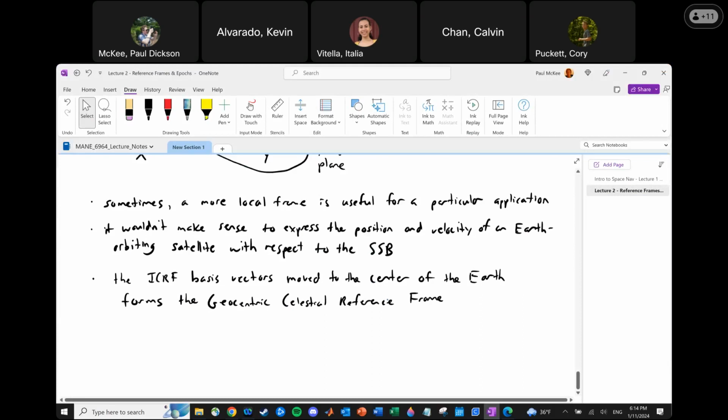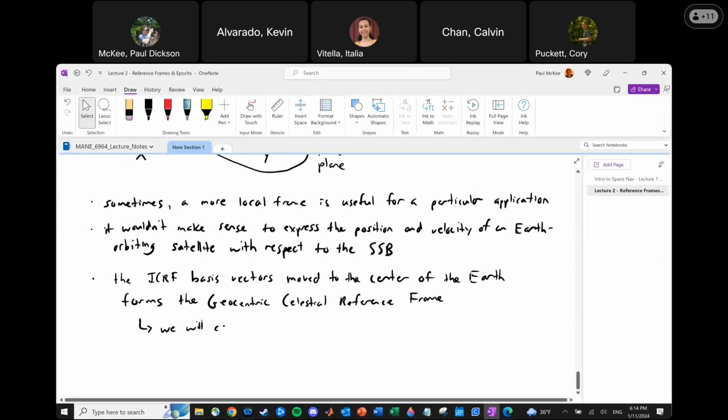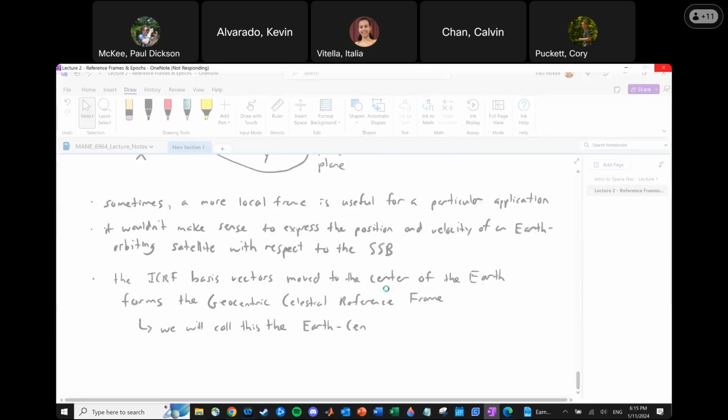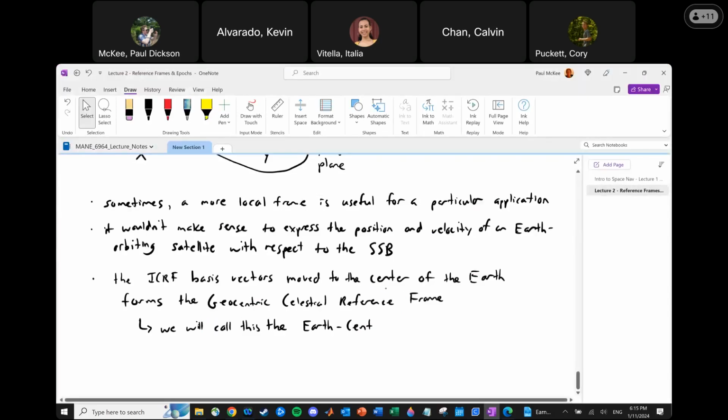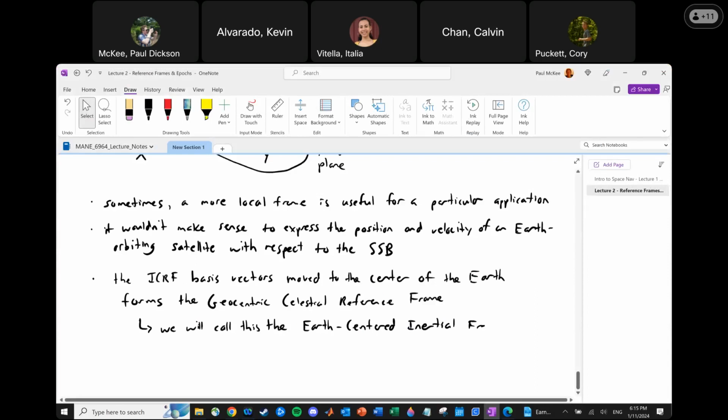Which we will call it, we're going to use a different name. We will call this the Earth-centered inertial frame, or ECI. All right, that's it. That's all.